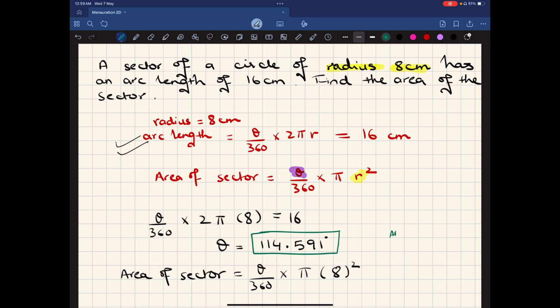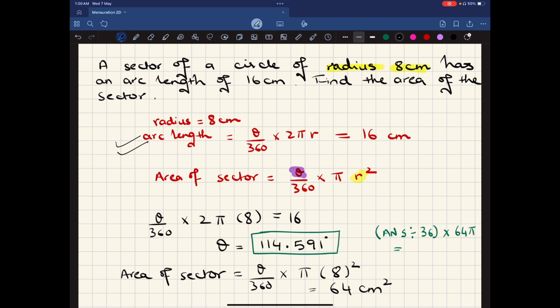So I would enter answer divided by 360 in brackets. Let's write it how it would appear in the calculator: brackets, answer divided by 360, multiplied by 64 pi. Then I would press the equal sign, and you would get the most accurate answer, which comes to 64 centimeters squared.